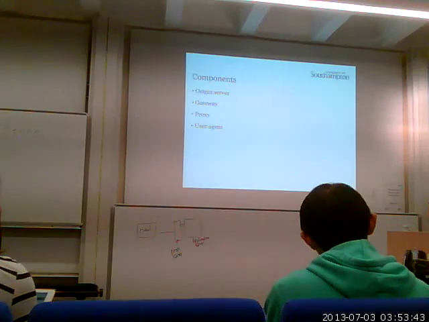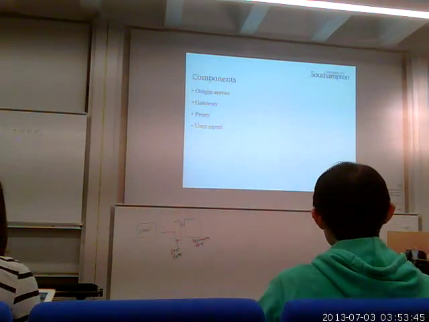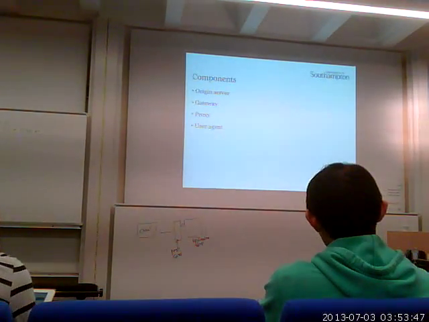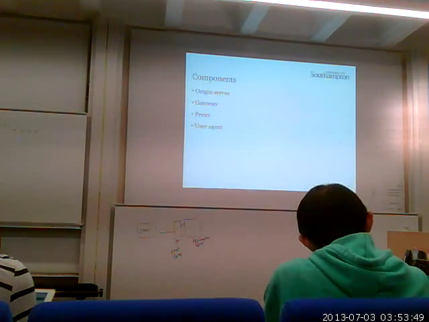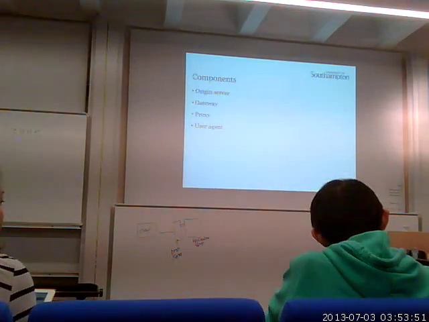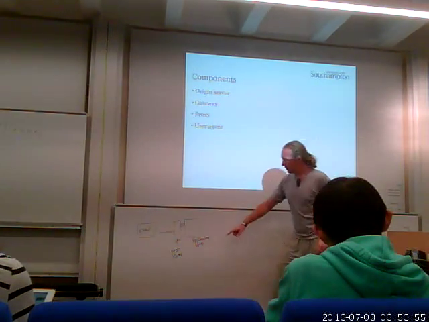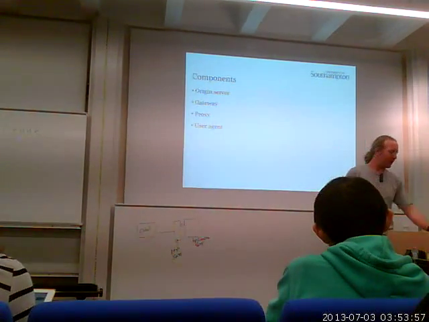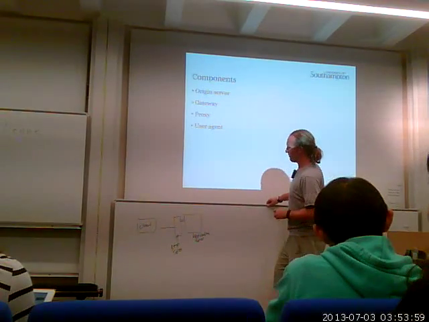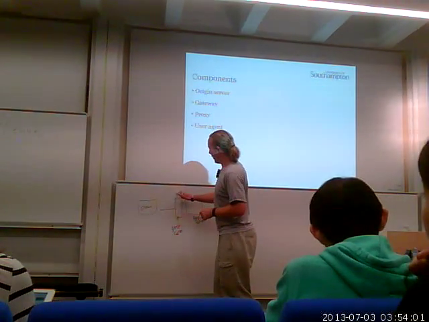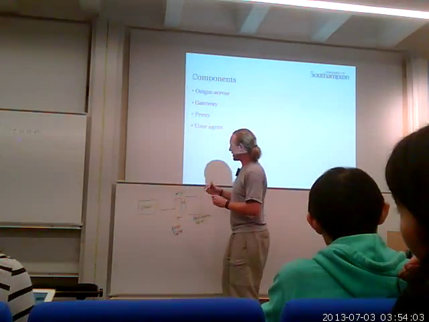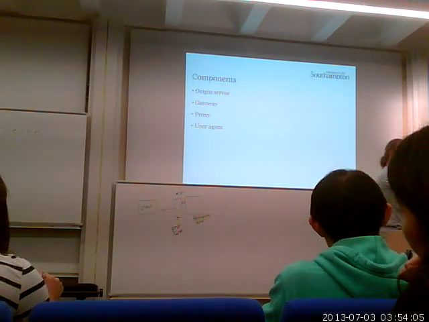Our components are our origin server, our gateway, our proxy, and our user agent. So the origin server is what we describe the machine where this information is coming from. So this thing here, our HTTP server, in this case, is our origin. And we need to be distinct about that, because we might have other things in the way.